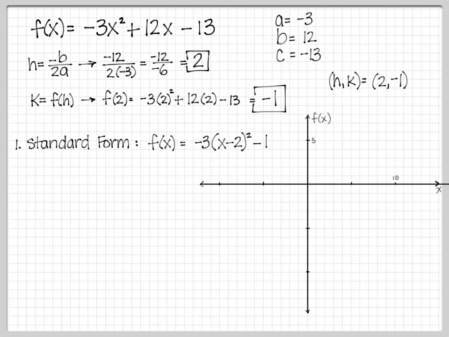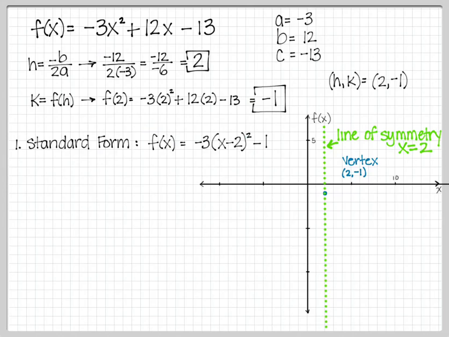We're now going to graph the point 2, -1, and that's going to be our vertex. The next thing I'm going to do right away is put in the line of symmetry, because the line of symmetry is always right through the vertex, and that is a vertical line, so it is x equals 2. So x equals 2 is the line of symmetry. And now we're going to figure out some points on the parabola.